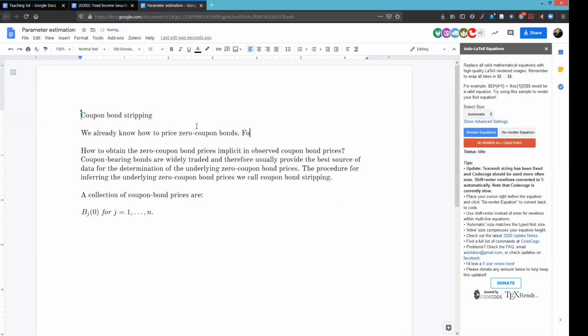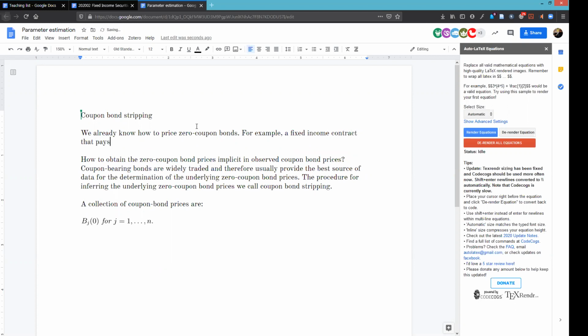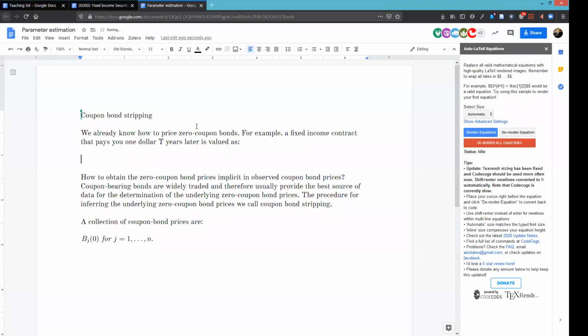So for example, a fixed income contract that pays you $1 T years later is valued as, okay, I'll use LaTeX.